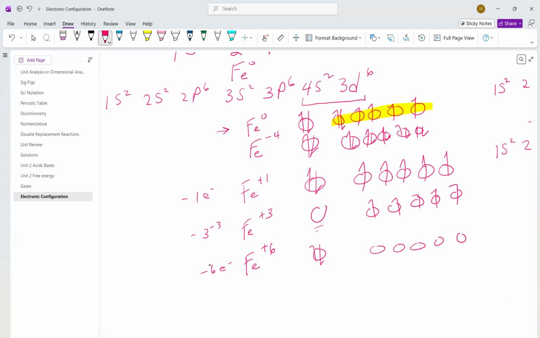Okay, now we're down to a full S subshell.